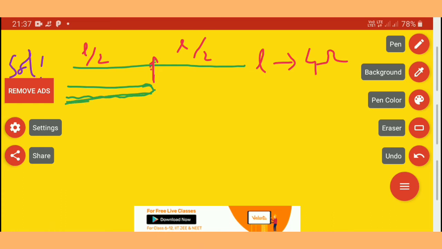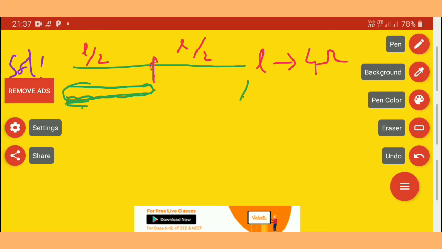If they are twisted together, these two are combined like this, and we can assume that these two are connected in parallel.